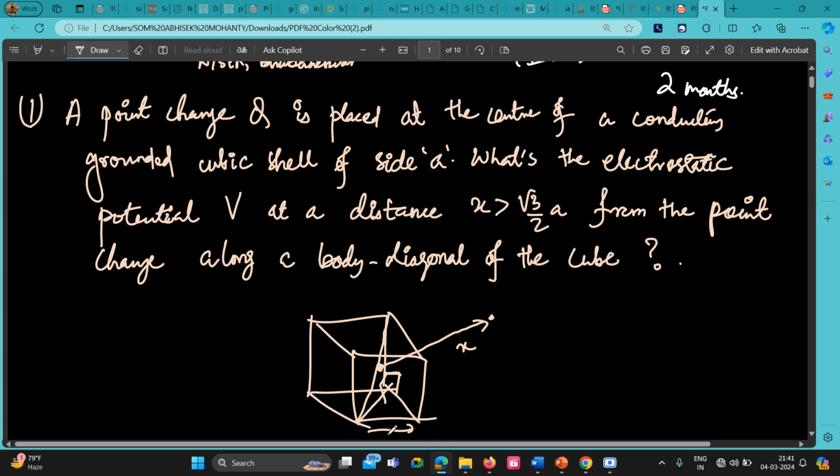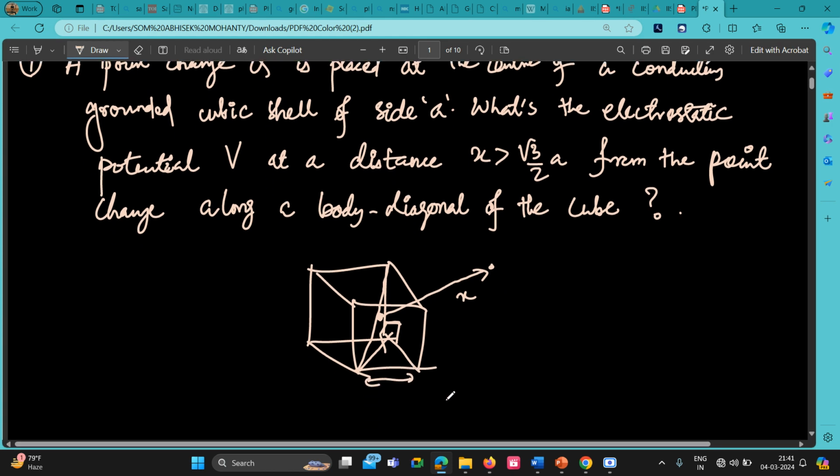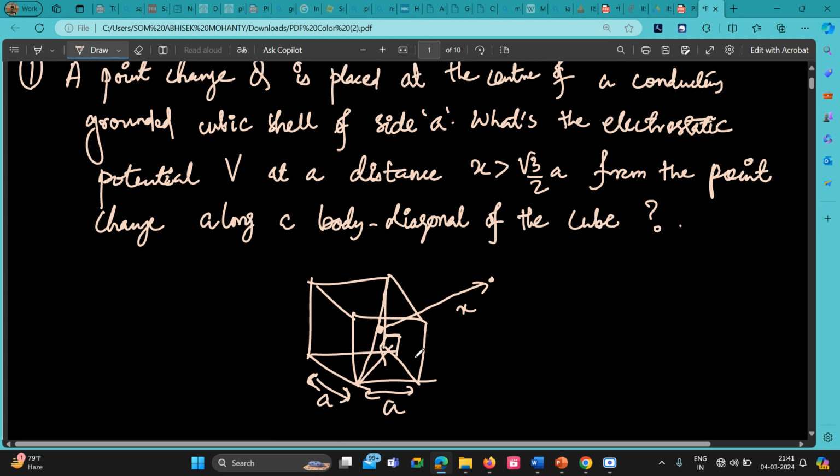The side of the cube is a, all the sides are a. The point charge is placed at the center of a conducting grounded cubic cell, so it is grounded also, of side a. What is the electrostatic potential V at a distance x greater than root 3 by 2 a from the point charge Q at the center of the cube along a body diagonal? Body diagonal means like this.